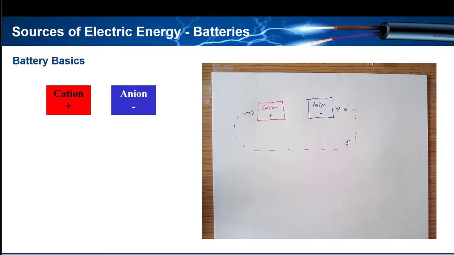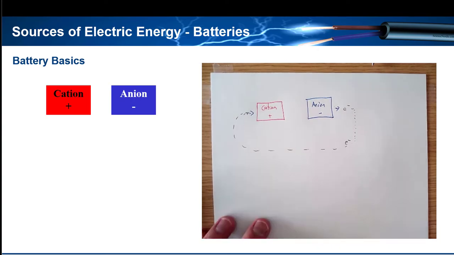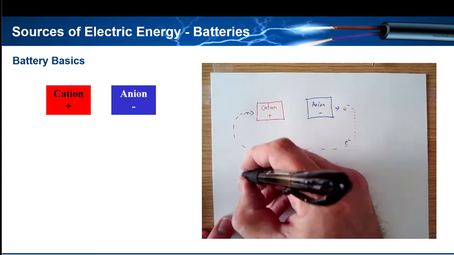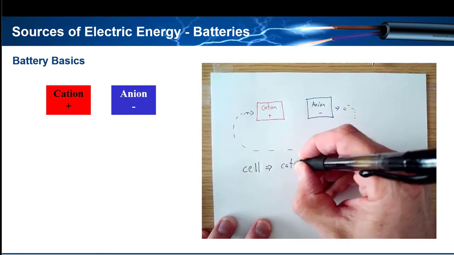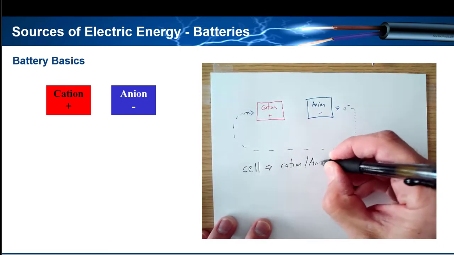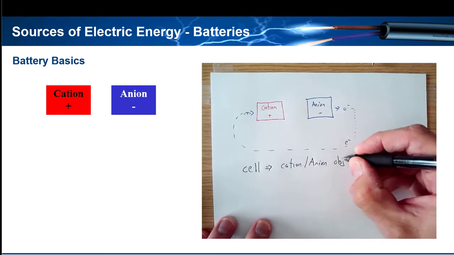Okay, and so when we think about a battery, we're going to give some names to the connections here. So number one, let's define a few terms. A cell is one of these cation/anion, we'll just call it objects.